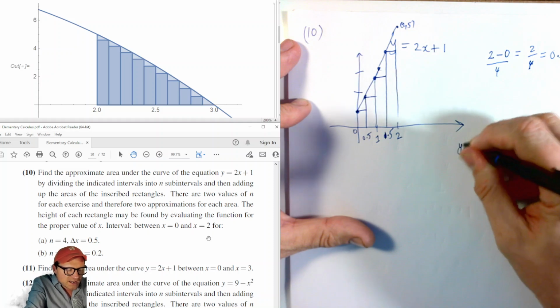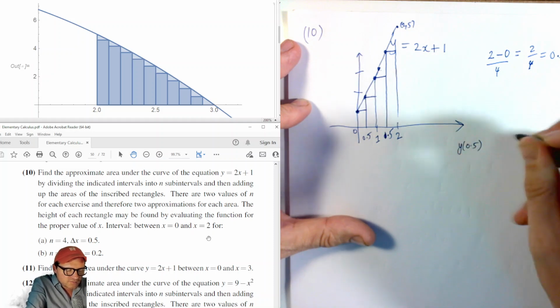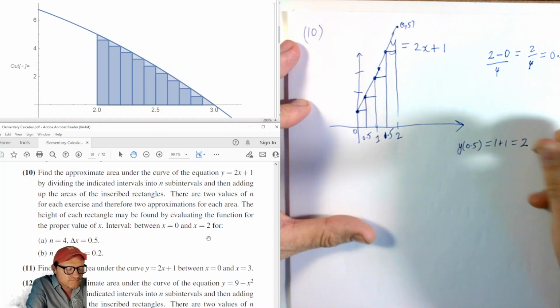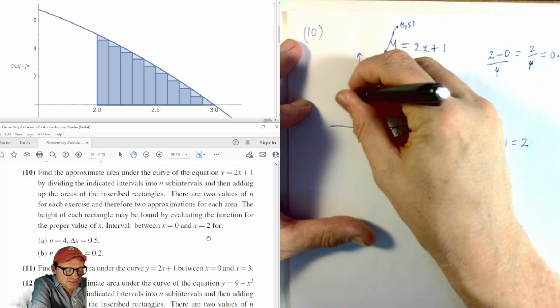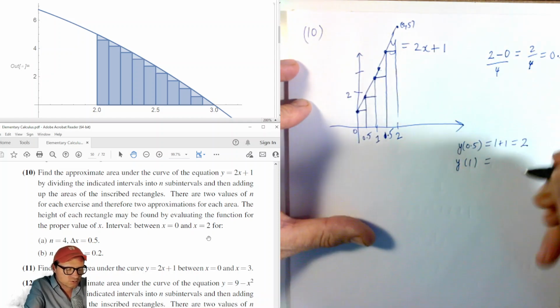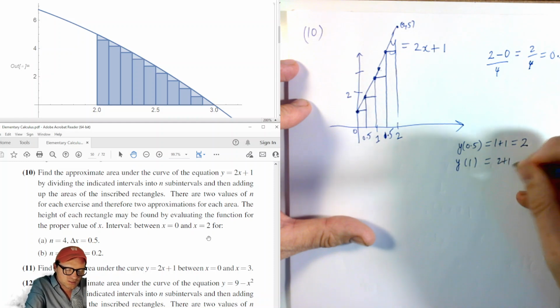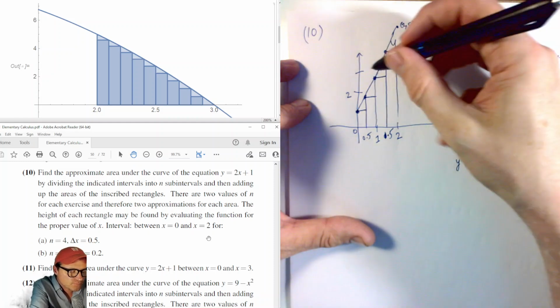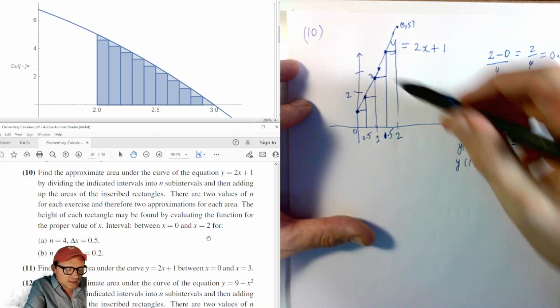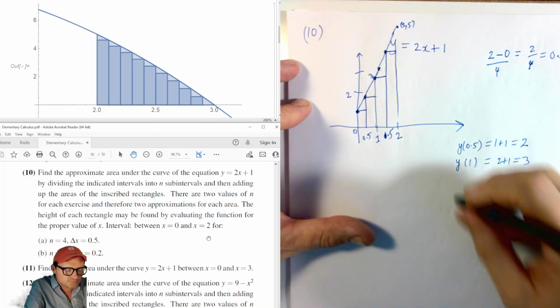Okay, and so y of 0.5 is equal to 2 times 0.5, which is 1 plus 1, and that's 2. So the height here is 2. y of 1 is equal to 2 plus 1, which is 3. So this will be 3. And then up here we need this as well.